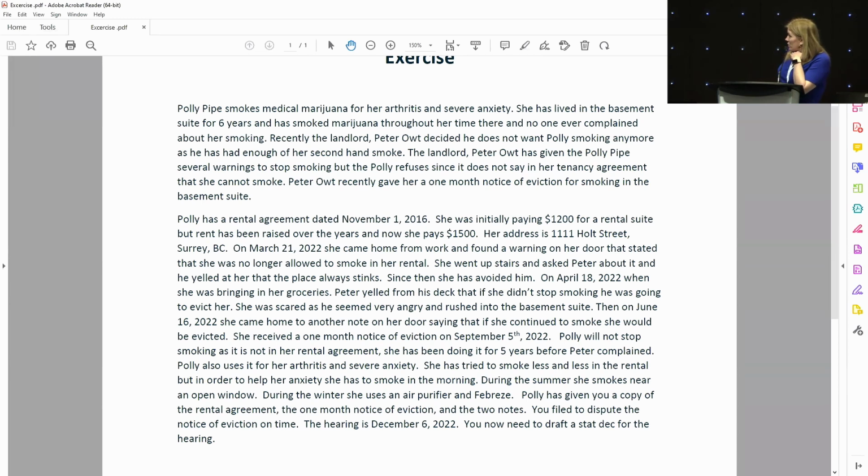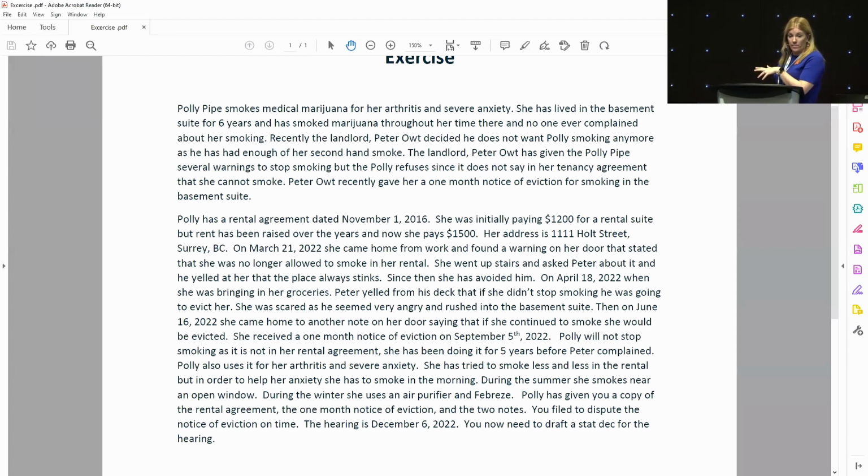You're probably going to put in any kind of medical documentation proving that you actually need the medical one. You're also going to include anything else that may come through that, right? You might want to put pictures of what you're doing in the wintertime for air purifying, right?